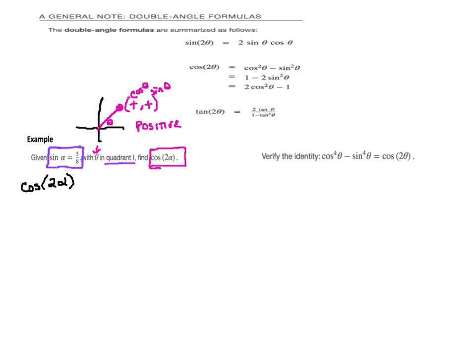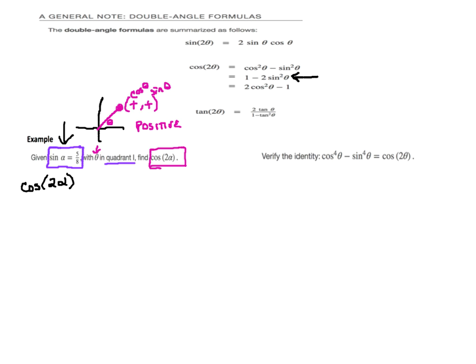of 2 alpha. Now, I'm given the sine of alpha. I have a value for that. So I have chosen to use this version of the cosine double angle formula because it's got sine in it and I don't have to do any work.